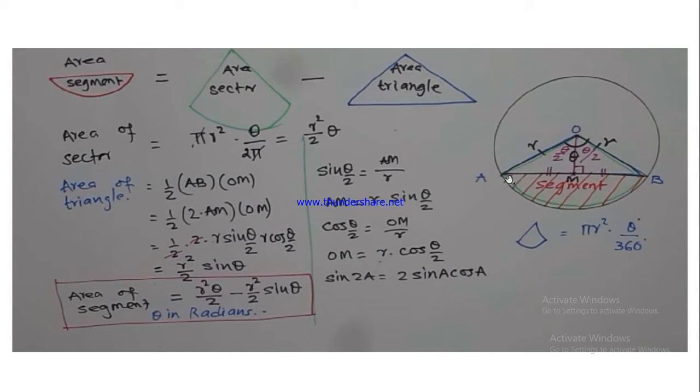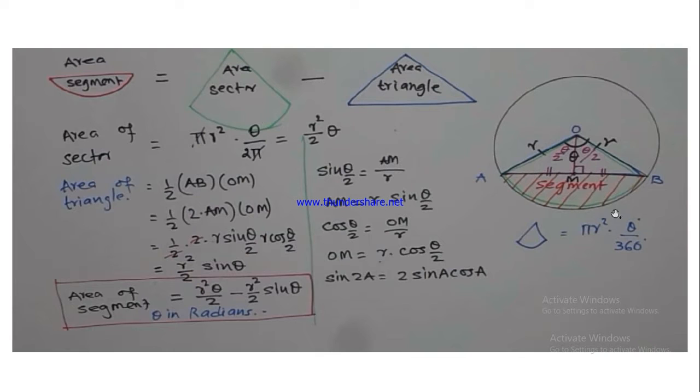To find the area of the segment, we need two things: the area of the sector and the area of the triangle. For the area of the sector, we need the angle enclosed at the center of the circle by the sector. Let us assume that angle is theta. We know that the area of the sector is pi r square into theta by 2 pi, when theta is in radians.